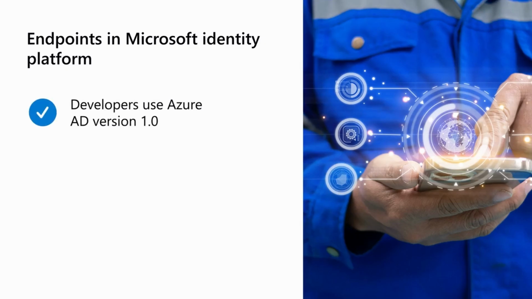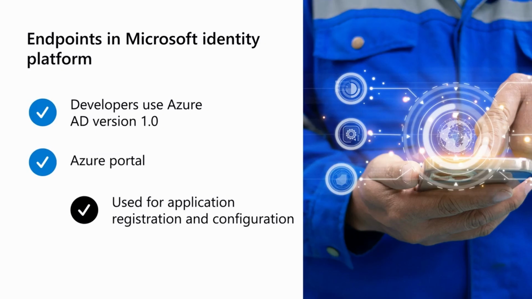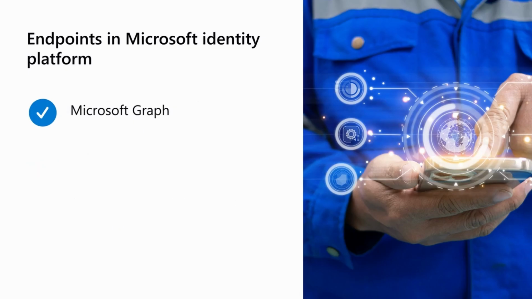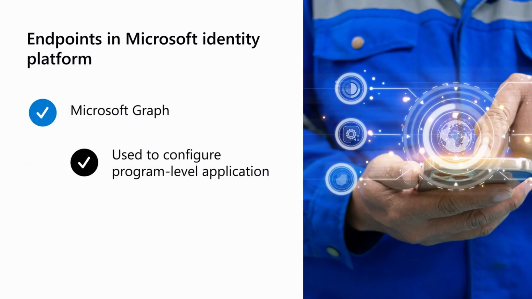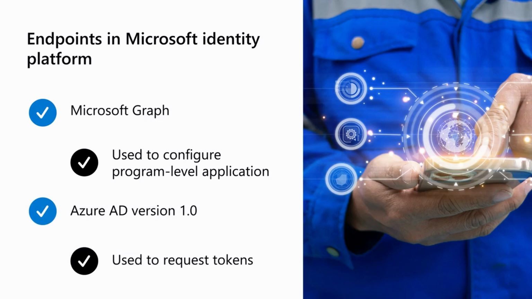Most developers use the Azure AD version 1.0 platform to authenticate work and school accounts created using Azure AD. They must use the Azure portal for application registration and configuration, the Microsoft Graph API for programmatic application configuration, Azure AD Authentication Library, also called ADAL, and the Azure AD version 1.0 endpoint to request tokens.